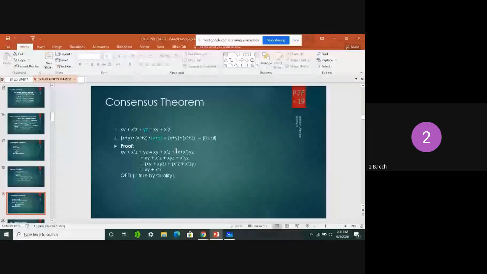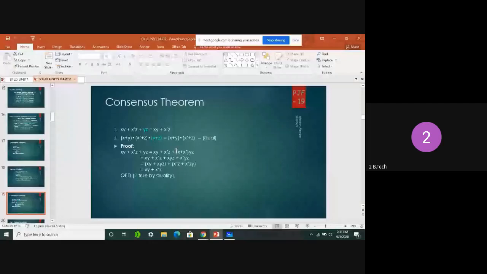Do you need proof? Yes, sir. See here, the consensus theorem: xy plus x bar z plus yz is equal to xy plus x bar z. Here the yz term is missing, so clearly this is the proof we can observe.